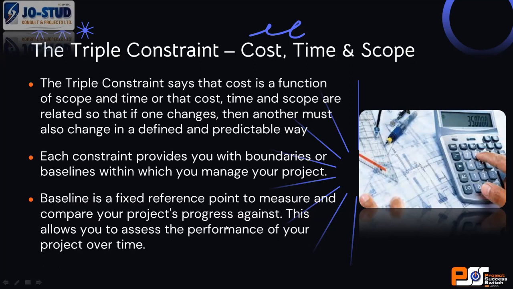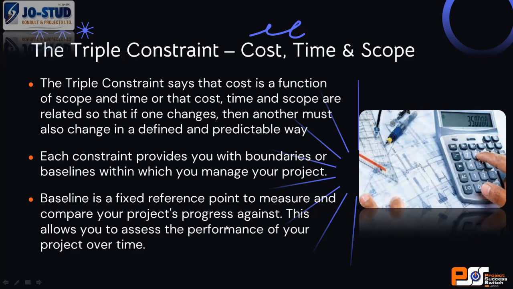progress with your baseline. I was saying something yesterday that if Mr. Wesley is supposed to spend maybe 4 million on a project that's supposed to take 4 weeks, and at 1.5 weeks, he has spent 3.1 million, it's a problem. If he does not have a cost baseline, he won't even be able to know if there's a problem. But if he has a cost baseline, he can easily compare the progress of the work with what? With the baseline.